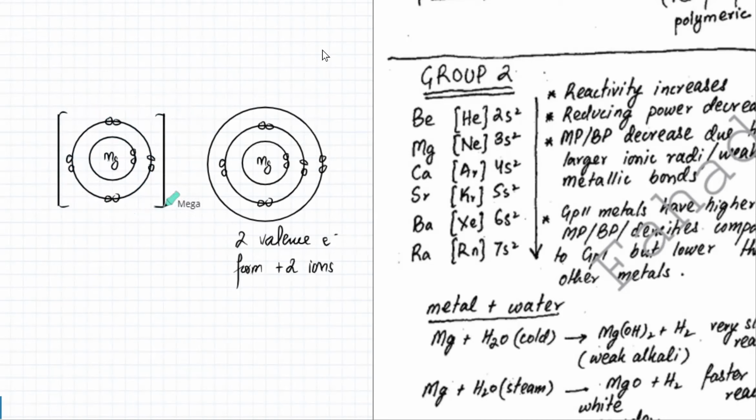So the charge on this thing would be +2. So this is how they're always going to react. They're always going to try and form these +2 ions, all of them.